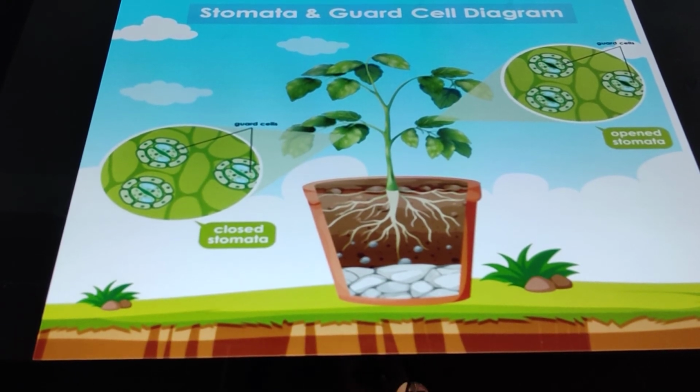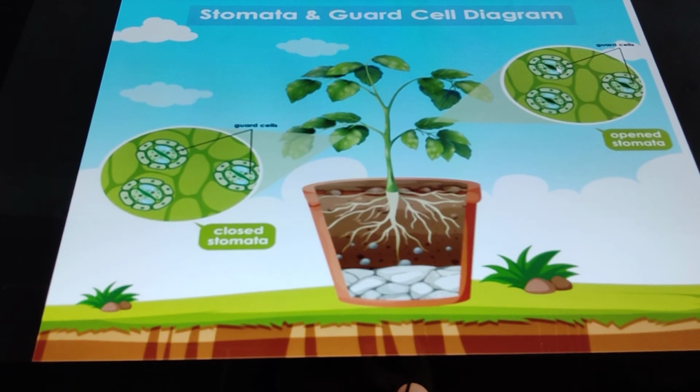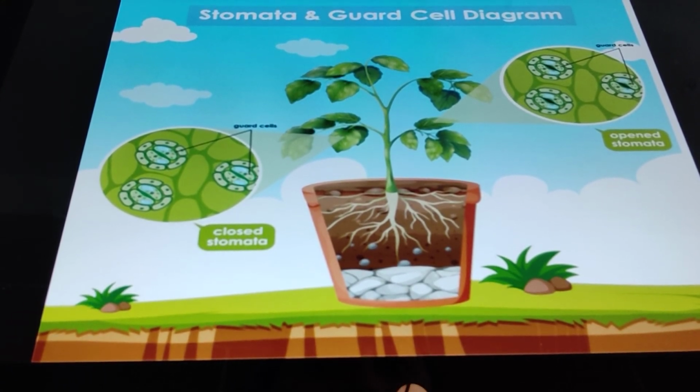These are the structures of stomata. Here in a bean-shaped structure, guard cells, you can see. In these guard cells the stomata is enclosed, and through it respiration, transpiration as well as photosynthesis, or we can say exchanging of gases and transpiration, both take place.